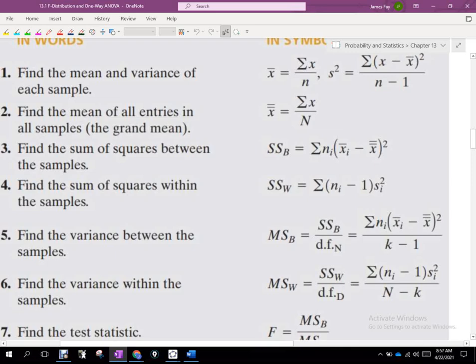If we're looking at this classroom, these rows being 5 individual samples, we would add up all the entries from sample 1, all the entries from sample 2, sample 3, 4, and 5, and then divide by how many total things we have. Does that make sense?